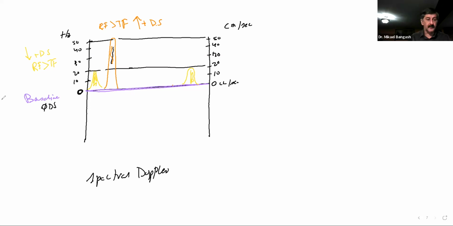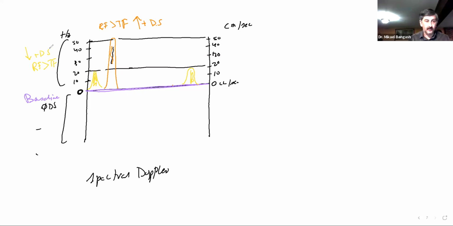Now the same will apply if you go on the other side. Anything below the 0 line or the baseline, unless your graph is inverted or flipped upside down, all these values from 0 and below are going to be negative.